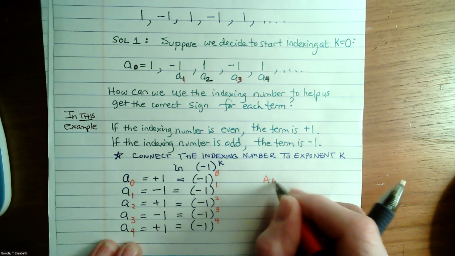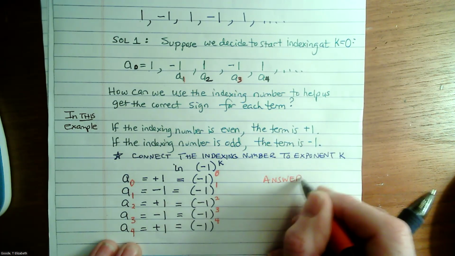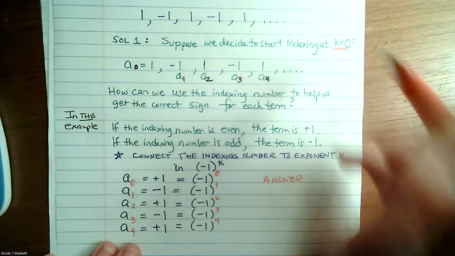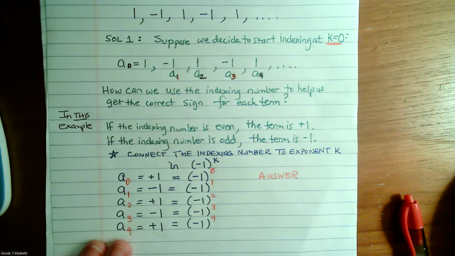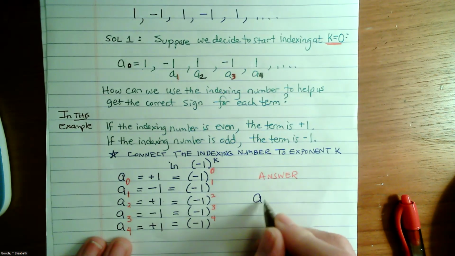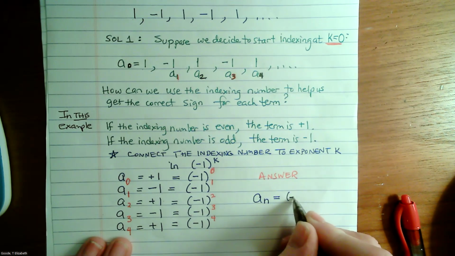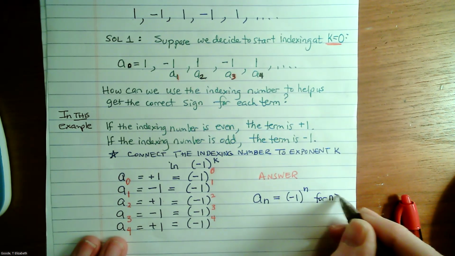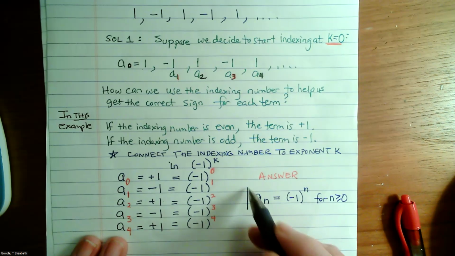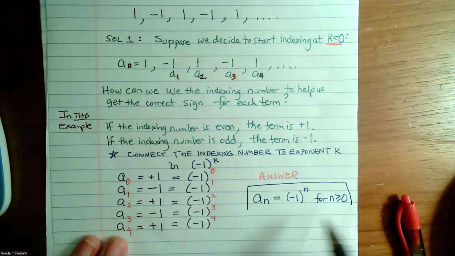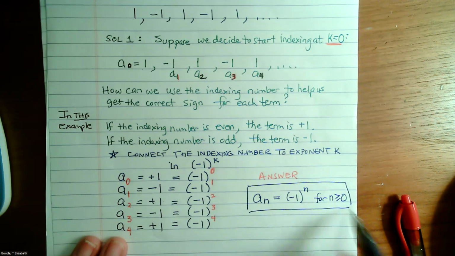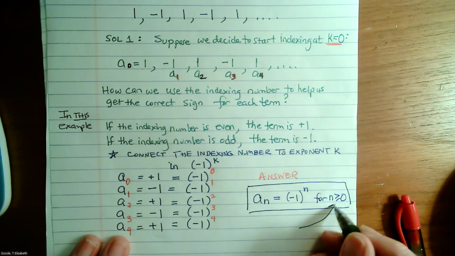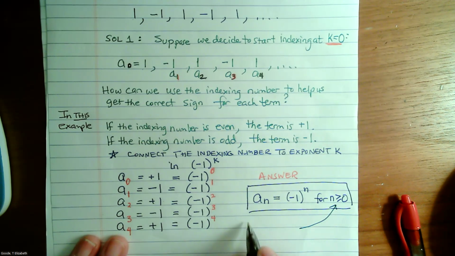So our answer in this case, where we have chosen to start with k equals 0 as our first indexing number, a sub n, in fact, is negative 1 to the n for n greater than or equal to 0. When we do give a formula for the general term, we have got to always be sure to include the information about where the indexing starts.